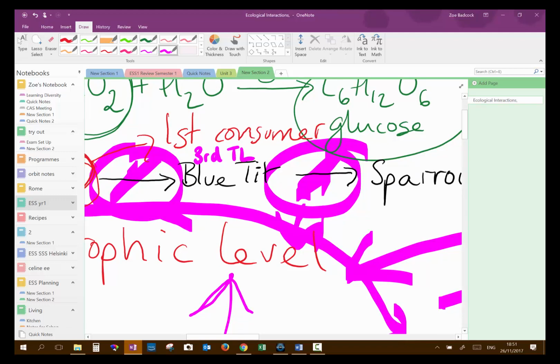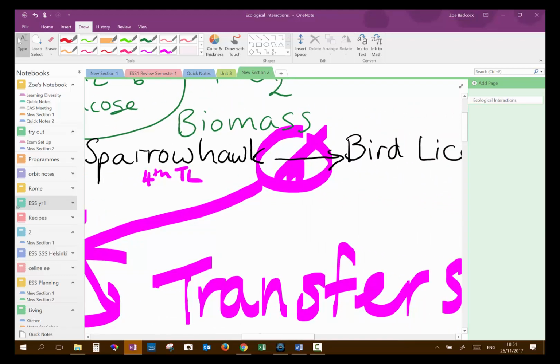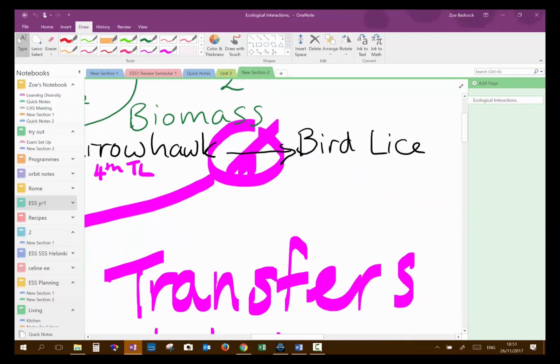I'm just going to abbreviate now. The sparrowhawk is the fourth trophic level, and unusually in this food chain we actually have a fifth trophic level. That's really rare to have that many trophic levels because of the second law of thermodynamics. So much energy is lost.